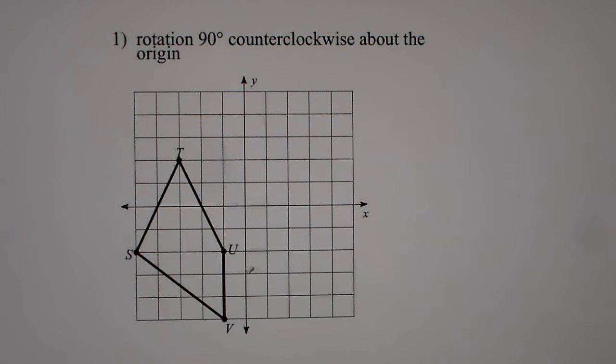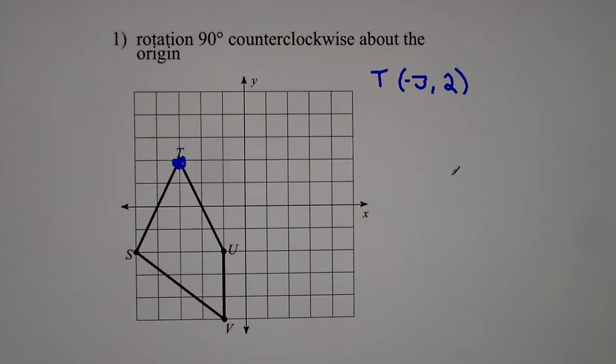So we got this black figure here, this four-sided figure, polygon. And we gotta rotate it 90 degrees counterclockwise. So to do that, we identify each coordinate. T is 3 to the left, 2 up. So T is the coordinate 3 to the left, so negative 3, and then positive 2 for 2 up.